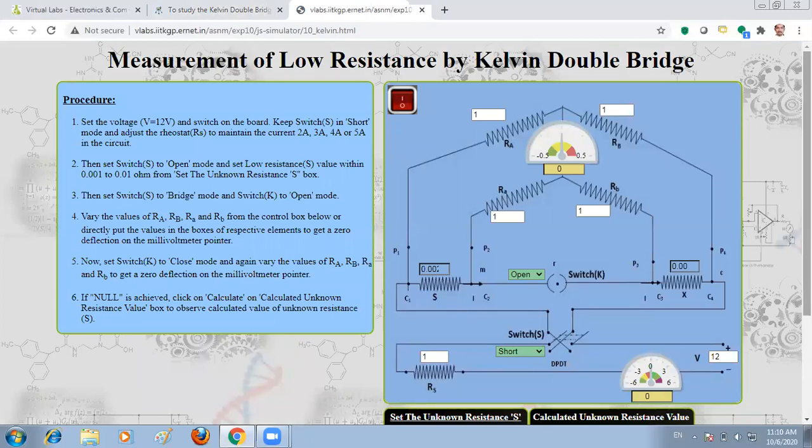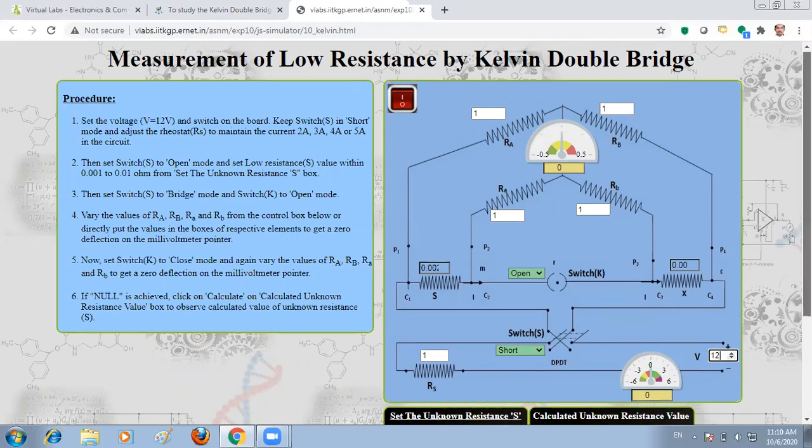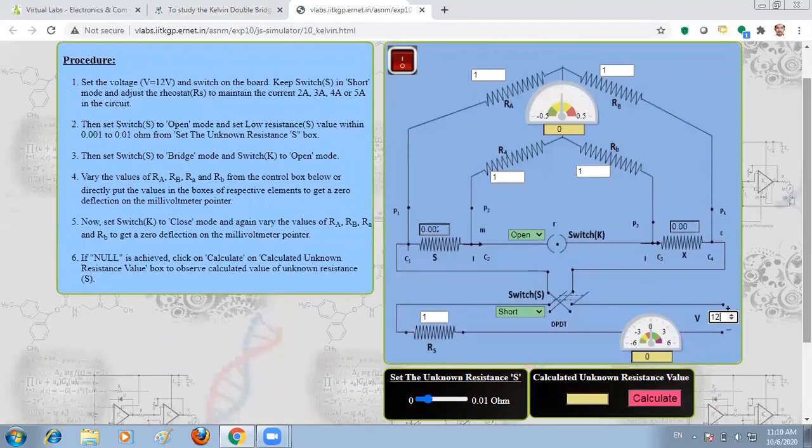Now we will perform this experiment as per the procedure. In the procedure, the first step is to set the voltage to 12 volt. Here you can see the voltage is already given, that is 12 volt, and switch on the board. Here the switch is given, so we will switch on the supply.